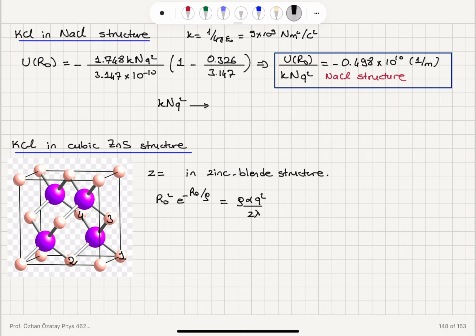Coulomb's constant is Newton meter squared over Coulomb squared. K q squared over r squared is the Coulomb force in Newton, so it is Newton meter squared over Coulomb squared multiplied by Coulomb squared. Capital N is the number of molecules here.